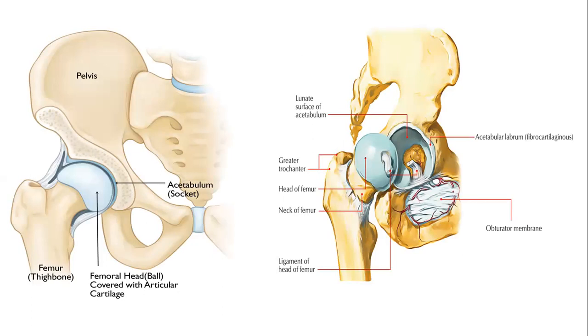Secondly, it has a non-articular part in almost the center of the acetabulum. It is called acetabular fossa, which is filled with the acetabular pad of fat, also called Haversian pad of fat.